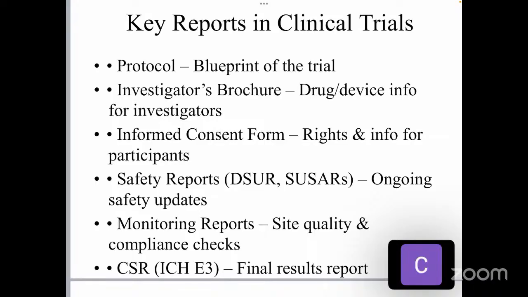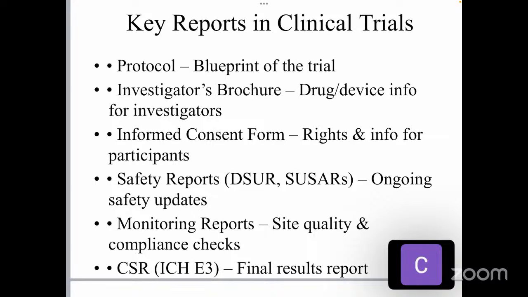Informed consent form, because this is the direct document which protects the rights of a patient. That's why in India we have audiovisual recording. Safety reports, DSUR, SUSARs, ongoing safety updates, because how else will you ensure safety? Monitoring report tells us the site quality, and compliance check. If in one monitoring report we see hundreds of queries, that means the site is not doing very well, it is not going in the right direction, right?